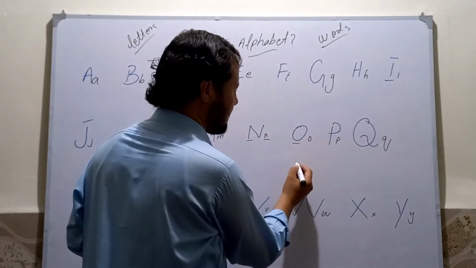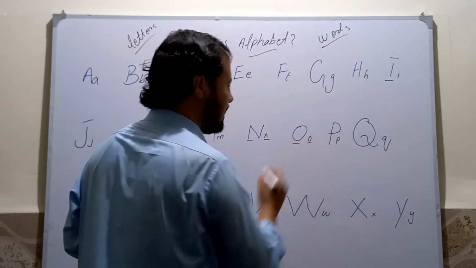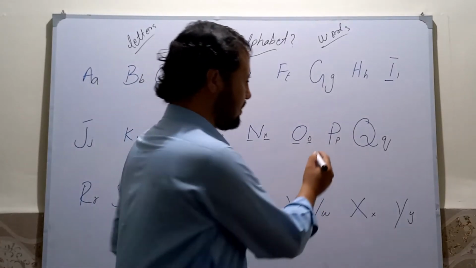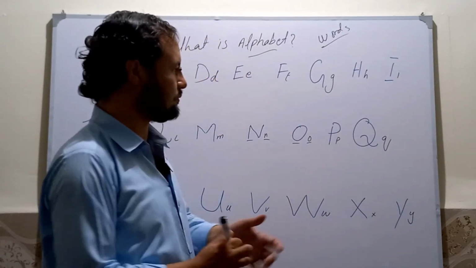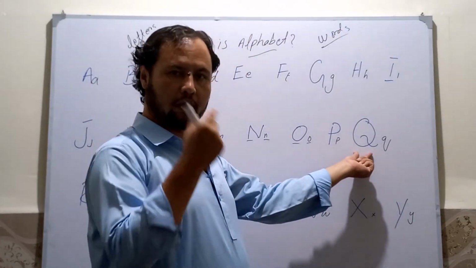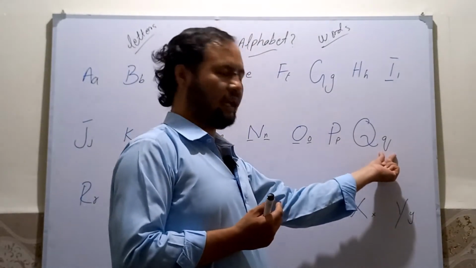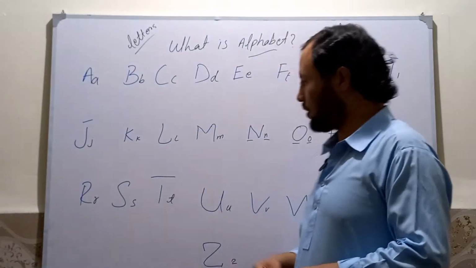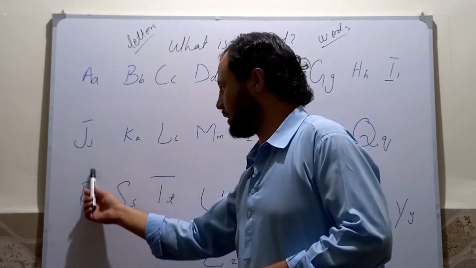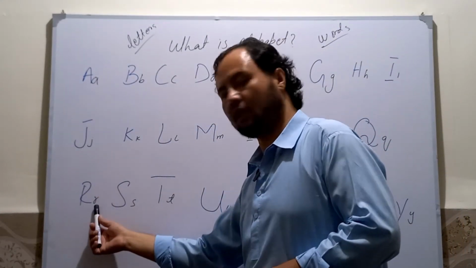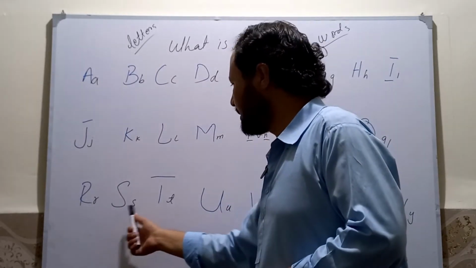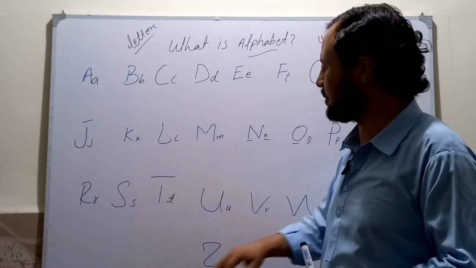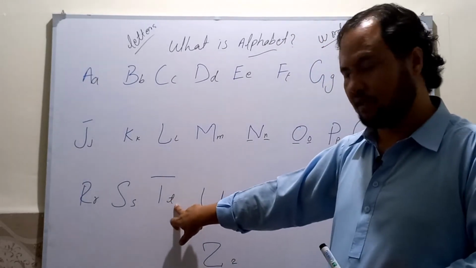O, obviously we write in capital form like this, and small o is like this. The next one is P, capital P and small p. Q, capital Q, small q we write like this. R, capital R, small r. S, small s. T, capital T, small t.